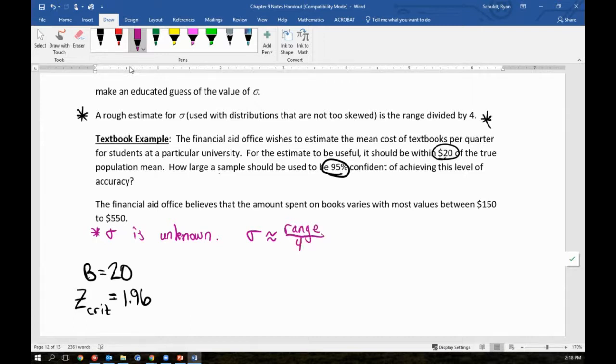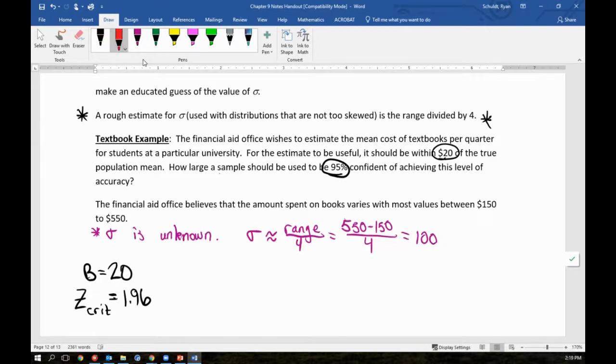And they give us this range right here. They say the bookstore estimates the price varies from $150 to $550. So $550 minus $150 divided by 4. What does that get you? 100. So sigma is approximately 100.